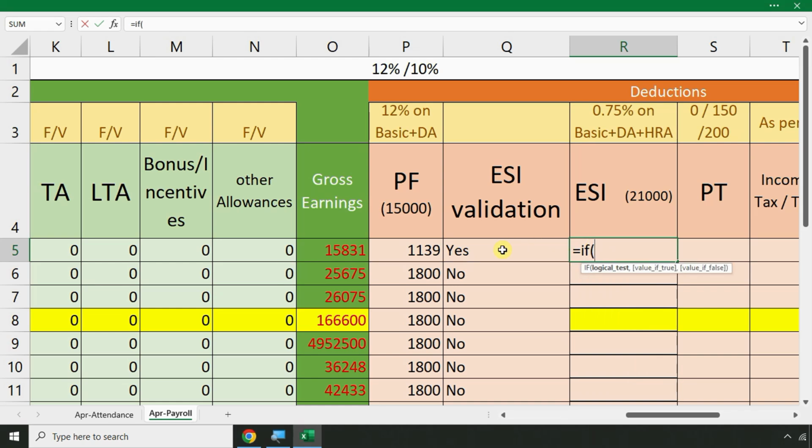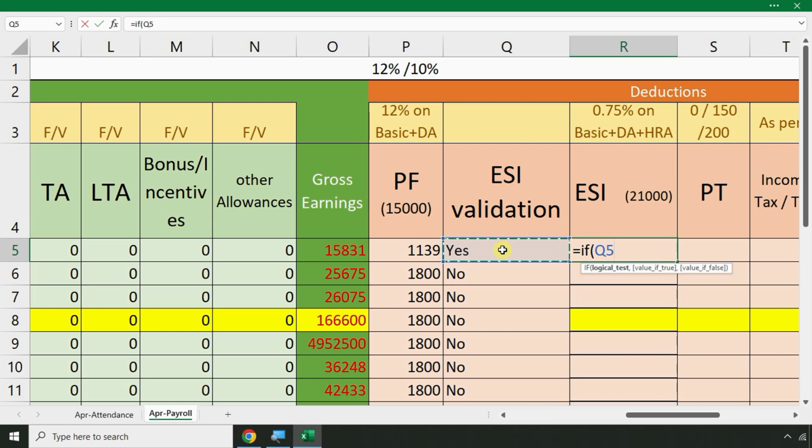I'll check on what? Q5. What is Q5? Q5 is where we have added the validation. You need to check person by person whether they are eligible or not, every month. April to September. If he is eligible in April, till September eligible. If the person is eligible in October, till March he is eligible.